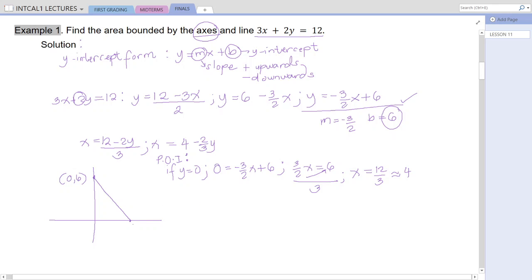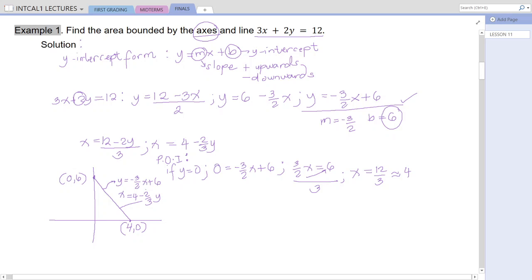So x is 4 and y is 0, so those will be the points of intersection for the bounded area. Since the area is bounded by the axes and the line, this line is y is equal to negative 3 halves x plus 6, and in terms of x, that is equal to 4 minus 2 thirds y.